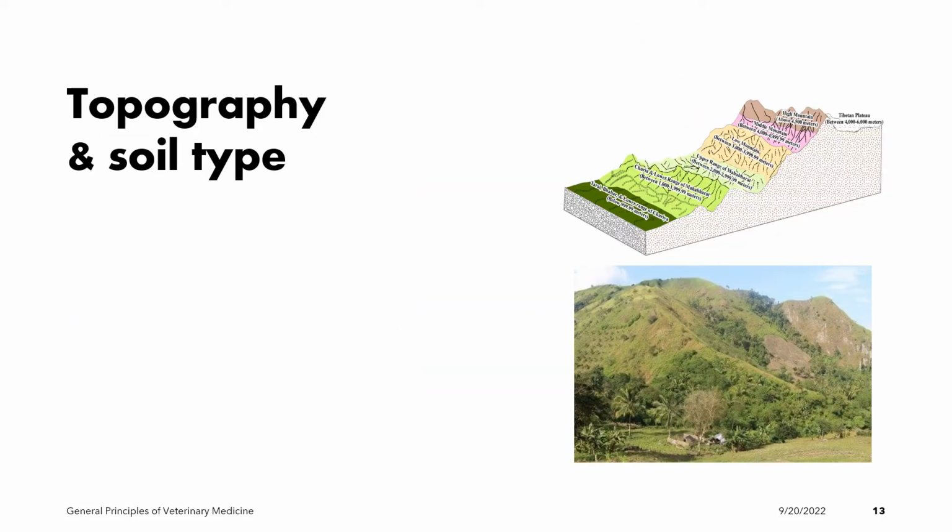Another factor that we are going to consider in the examination of the outer environment is the topography as well as the soil type. When we say topography, that is a graphic representation of the surface features of a place or region on a map, indicating the relative positions and elevations.